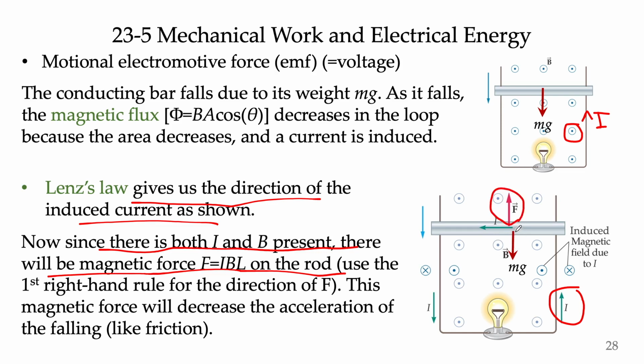Again, this rod will continue falling down, but because there's some force in the up direction, the acceleration will be less than g. So this magnetic force F will decrease the acceleration of the falling bar. It acts like a friction. So if you like, it's like magnetic friction.